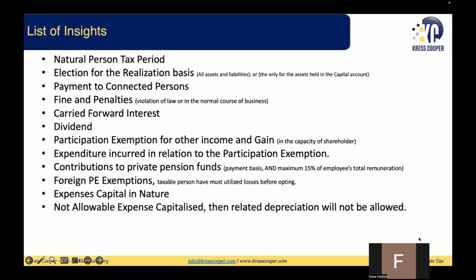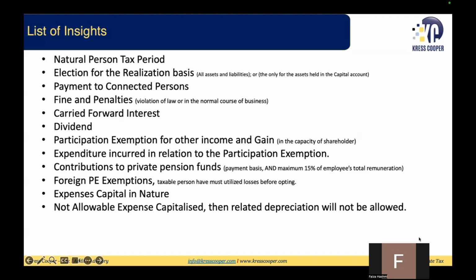Election for the realization basis. We know that if the taxable person is preparing the financial statements on accrual basis, they have an option to adjust the gains and losses on a realization basis. There are two options. The taxable person can opt for the realization basis for all assets and all liabilities that are subject to fair value and impairment testing.